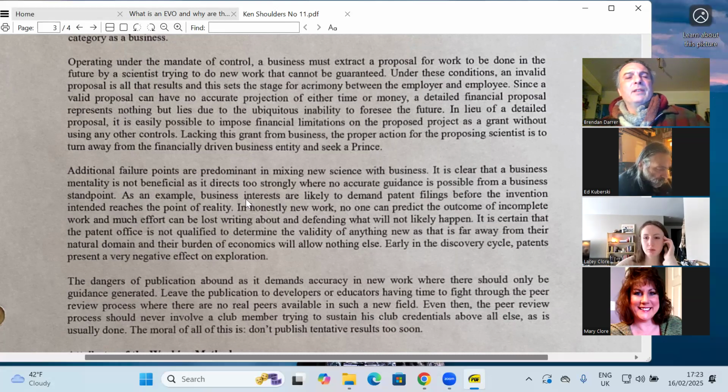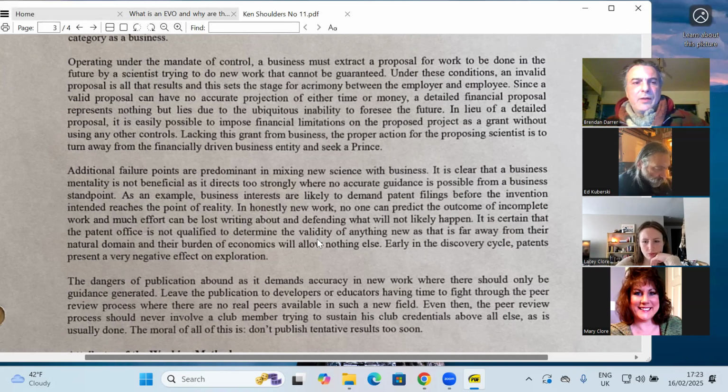As an example, business interests are likely to demand patent filings before the invention intended reaches the point of reality. In honestly new work, no one can predict the outcome of incomplete work, and much effort can be lost writing about and defending what will not likely happen.